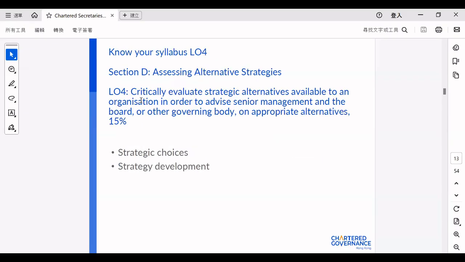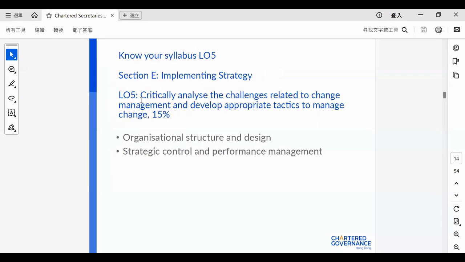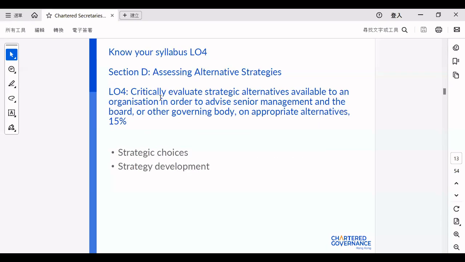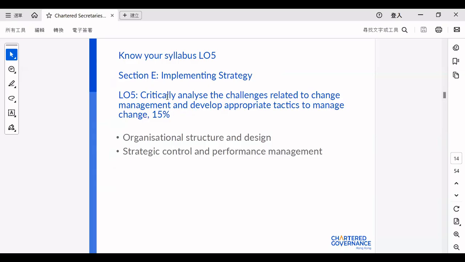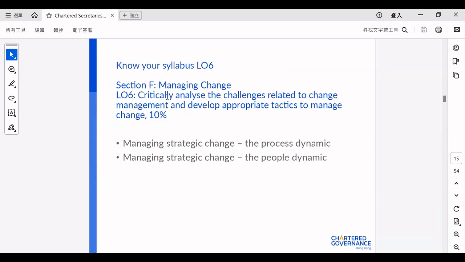Change management is the learning outcome 6. I got it wrong here. That's learning outcome 5, which is about the organization structure, organization design, and the performance management. So I will correct this later on. Sorry about this. That's number 5.